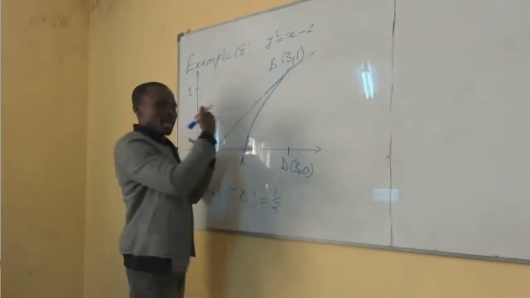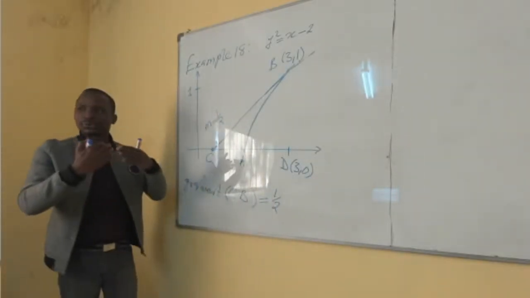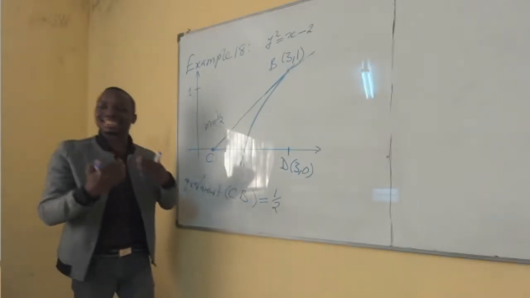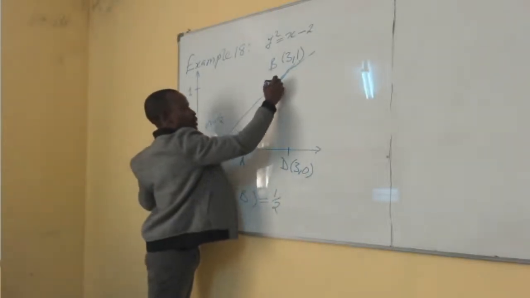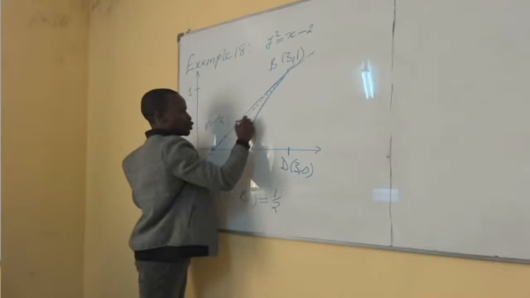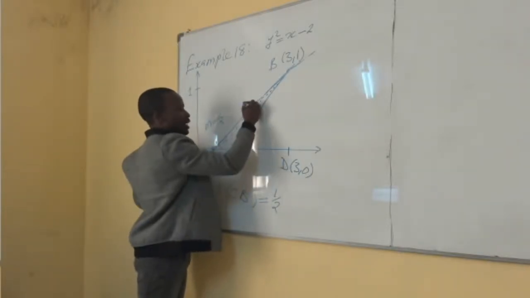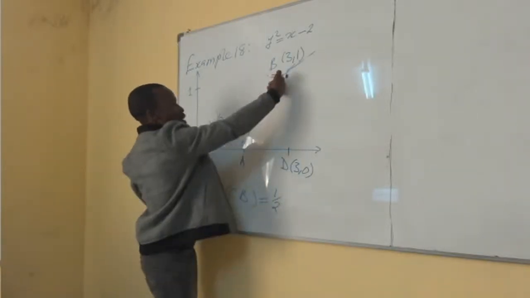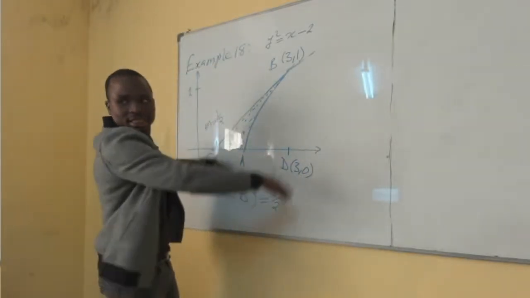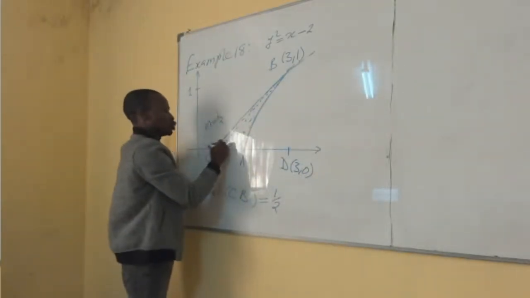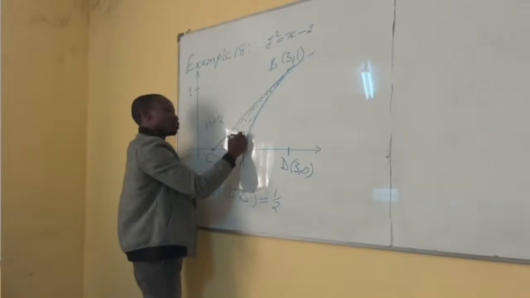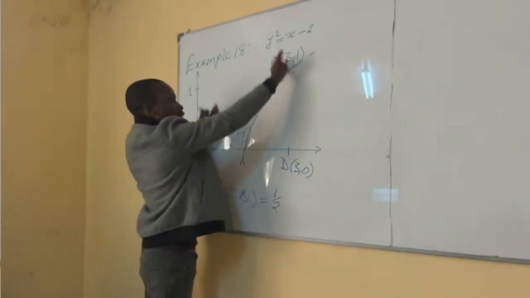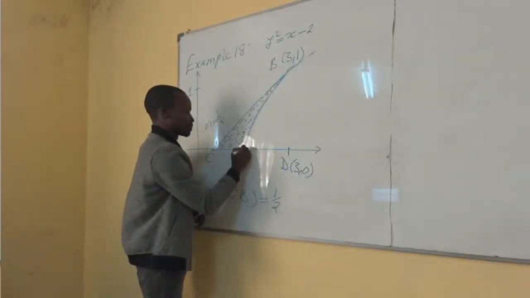The shaded region is this region. When it is rotated like this, we need the volume it sweeps out with respect to the x-axis.